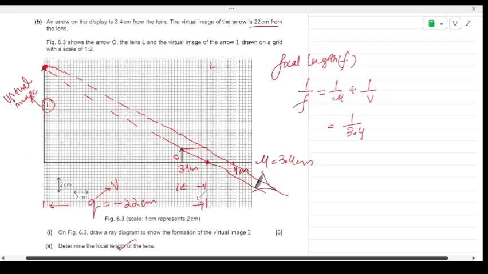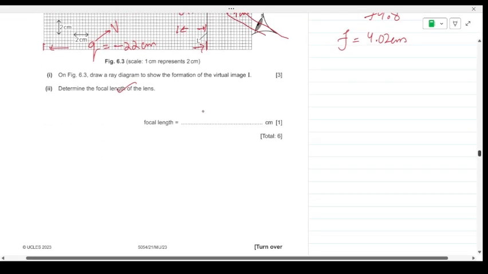So 1 upon 3.4 plus 1 upon minus 22. Doing the math with the LCM, we get 74.8 over 22 minus 3.4. This comes out to be approximately 4.02 centimeter, which is the focal length.